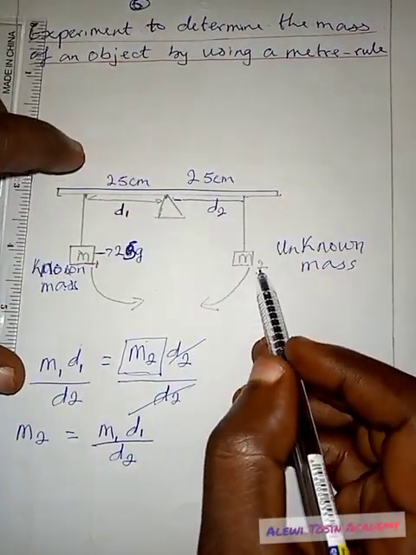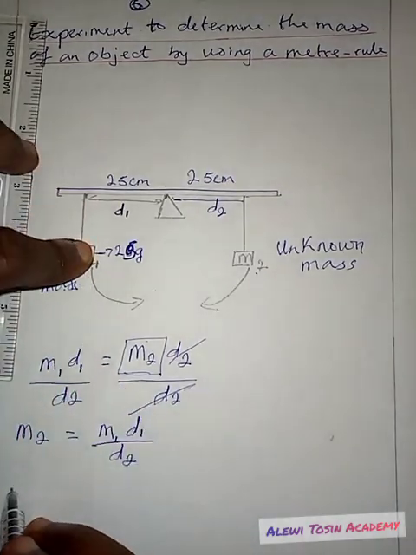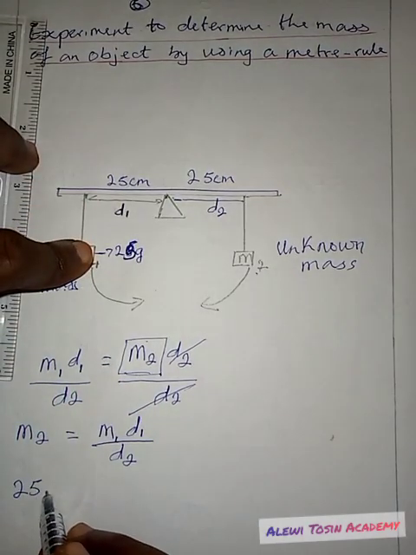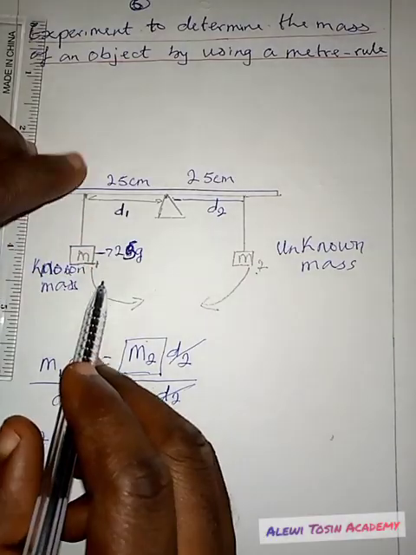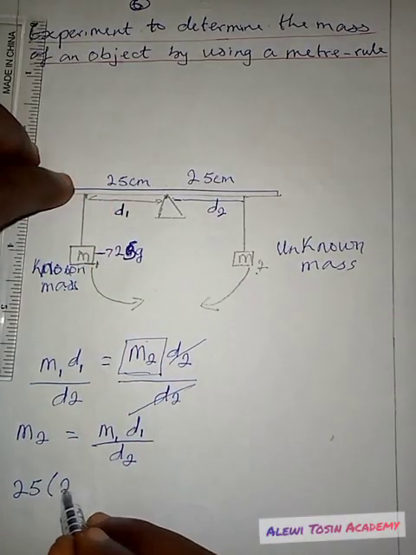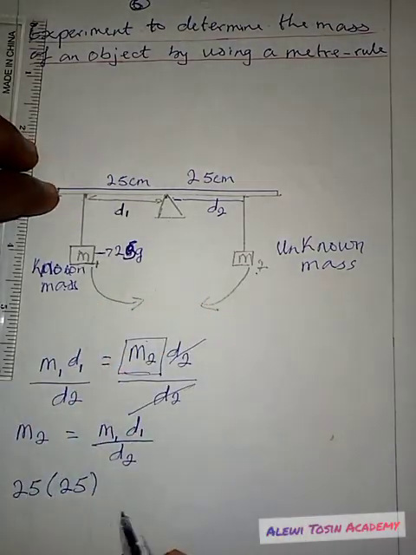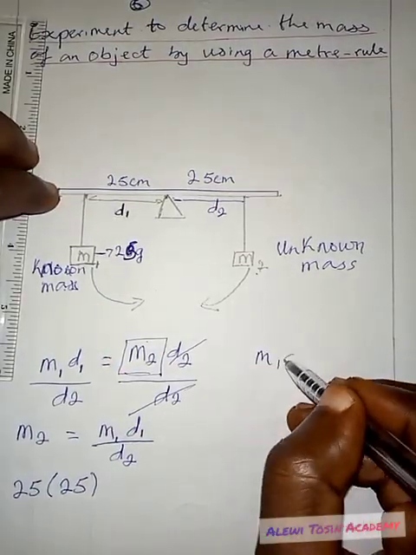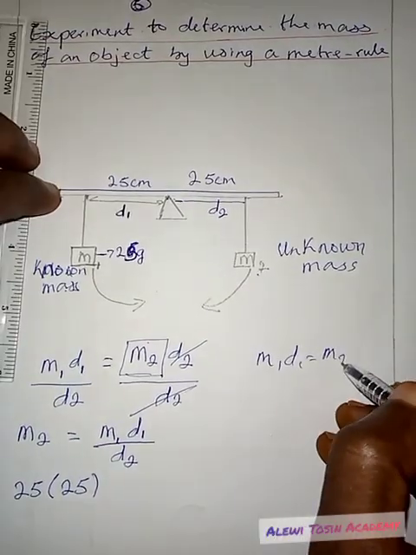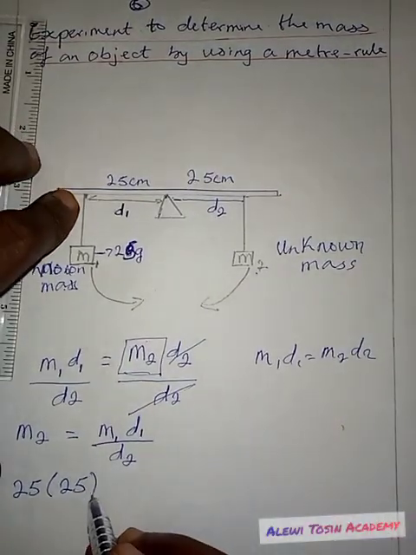So applying this formula, our M1 is 25 grams, and our D1 is also 25 centimeters. I'm using M1 D1 equals M2 D2 from the formula for moment.